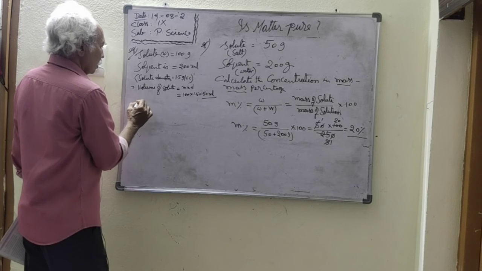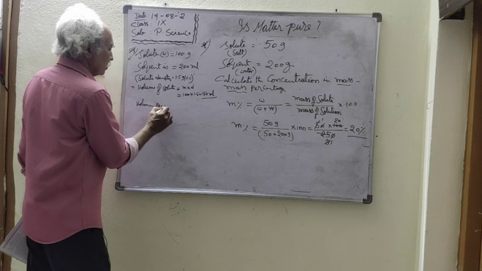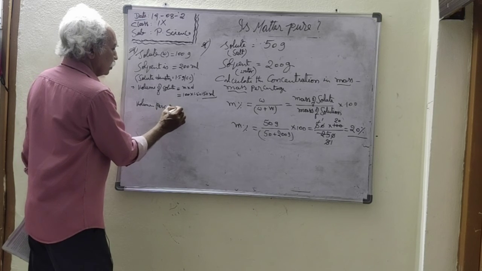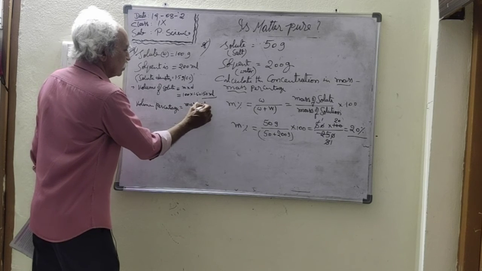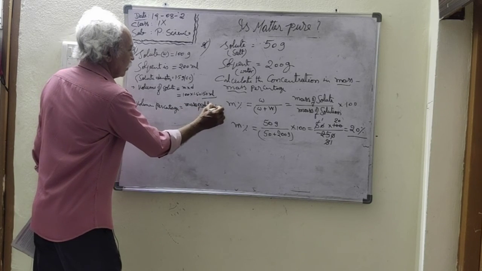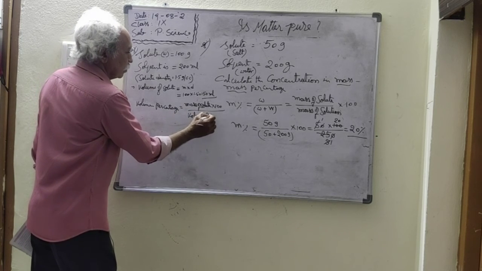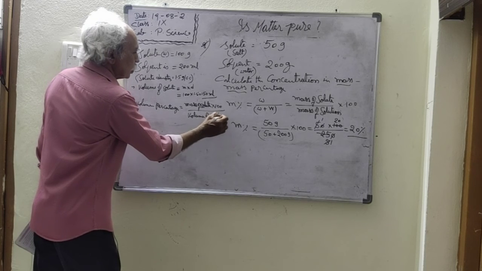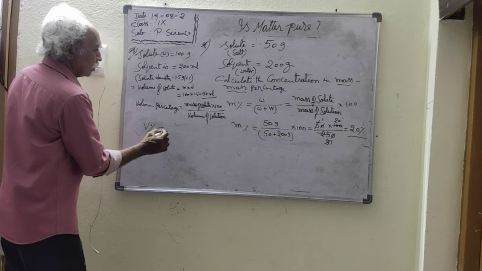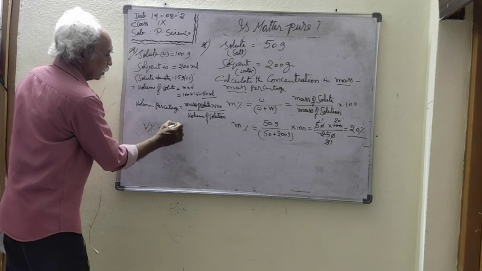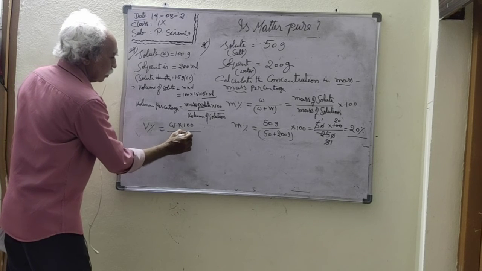So volume percentage is equal to mass of solute into 100 by volume of solution. Volume of solution means solute plus solvent. Therefore volume percentage is equal to mass of solute into 100 by volume of solute plus volume of solvent.